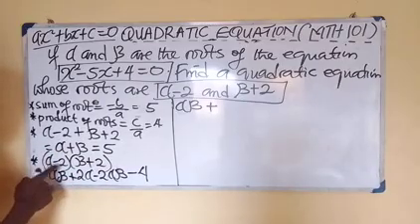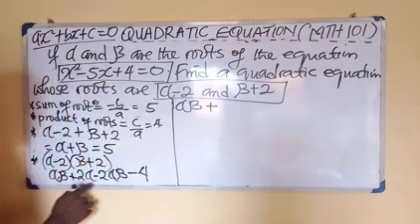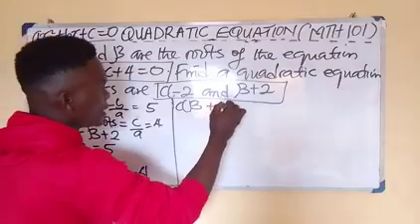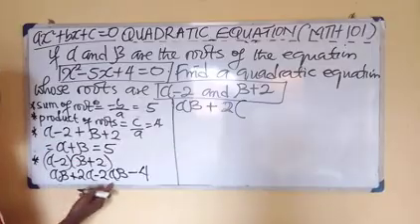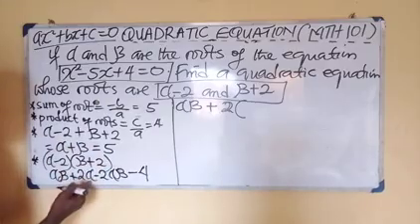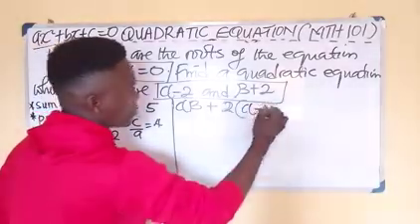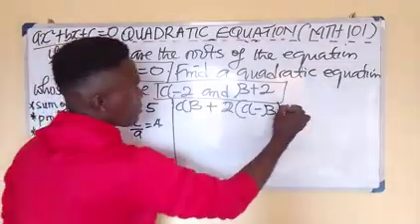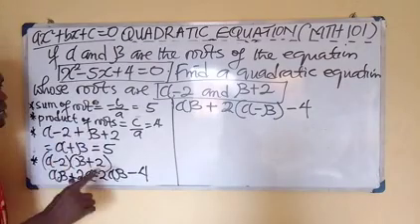Then the plus, minus, then minus 4. That is very correct. So what will I do next? I will write 2 open brackets, since there's 2 here. So alpha minus beta minus 4.